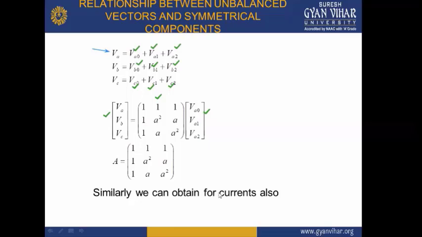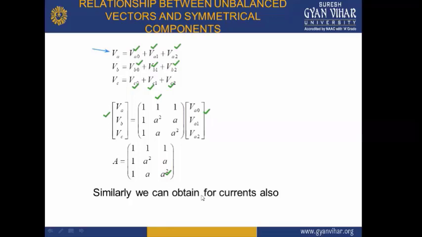This alpha component is called the balancing factor. It is the relationship established between the positive, zero, and negative sequence components for a particular phase, which makes them balanced.